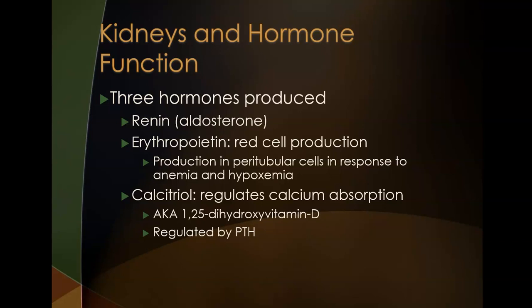Then it triggers the release of erythropoietin, which goes to the bone marrow and causes the formation and release of more red cells. More red cells means more oxygen-carrying capacity, so that in theory would increase the oxygen levels to the kidneys.